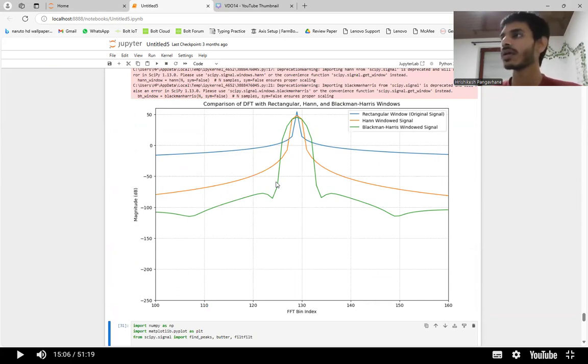So windowing using a Blackman-Harris window, we can see that it is occupying more bins, but at the same time it is also reducing the FFT leakage by a significant amount, more than the rectangular window and the Hahn window. So this is for the rectangular window, this is for the Hahn window, and this is the Blackman-Harris window signal. So this is the importance of windowing a signal.